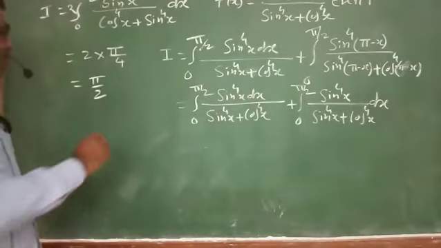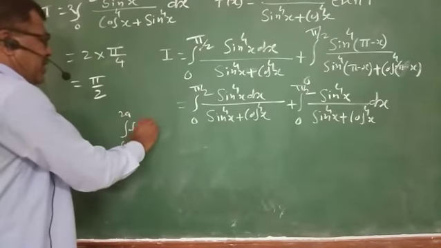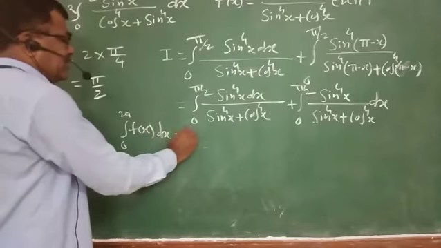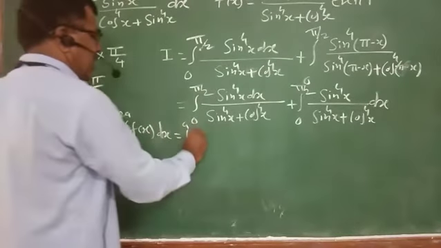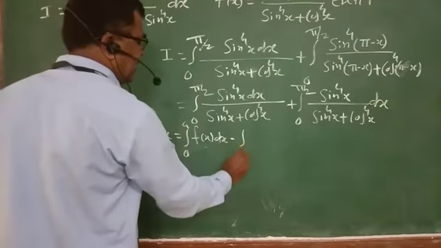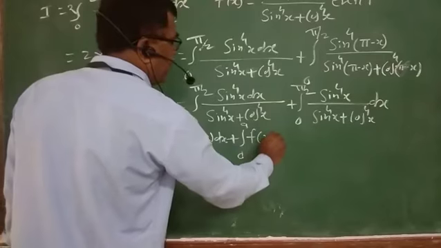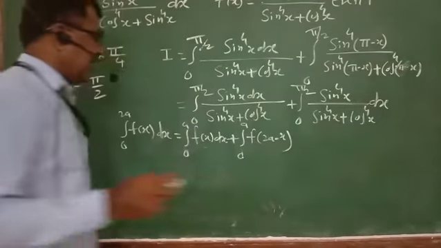By using the property, integration 0 to 2a f of x dx equal to 0 to a f of x dx plus integration 0 to a f of 2a minus x.